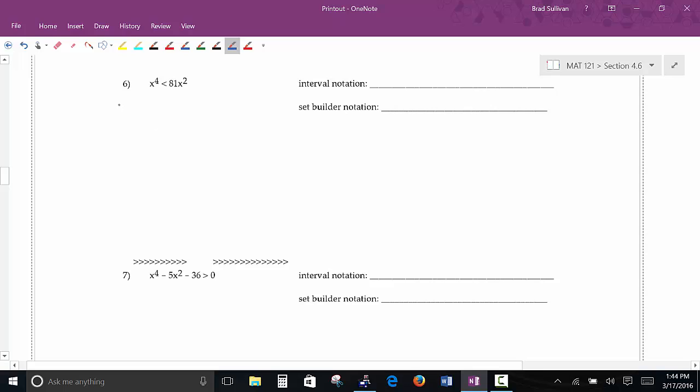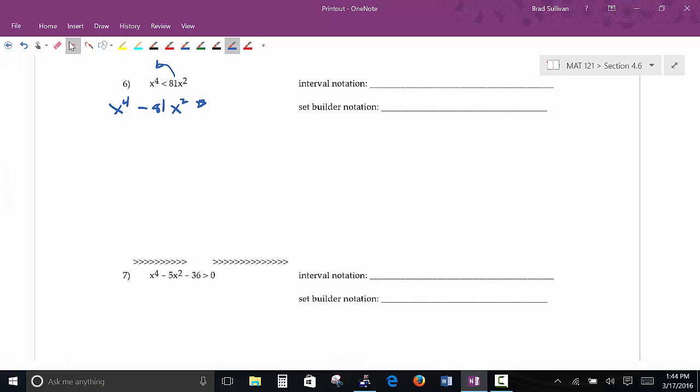All right, first thing that you always want to do on these problems here is you want one side to be equal to 0. Okay, so do that. Okay, now that's going to be a less than, so we're going to make that less than 0 like that. Okay, all right, now you got to factor. I factored the last two problems, so you got to factor these. Okay, this time just for variety, I'm going to do a sign chart.